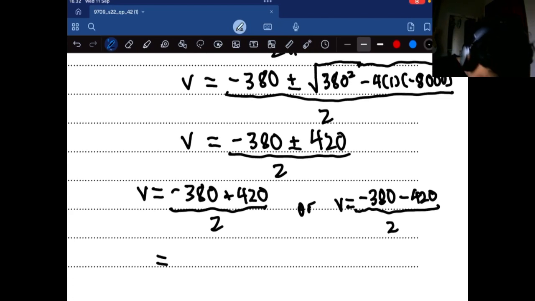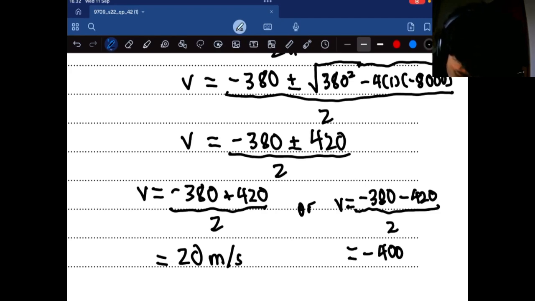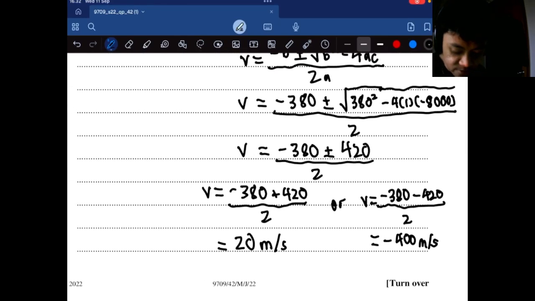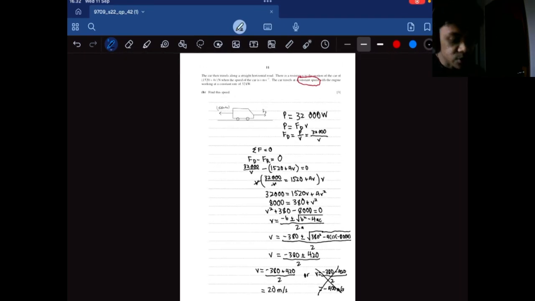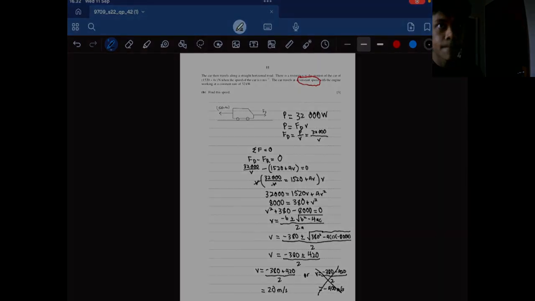So this one we can get equals to 20 meters per second, and this one is equal to negative 400. But the thing is, the final speed cannot be negative, so we can just cancel this. And now we can conclude that the final answer is equal to 20 meters per second. And that concludes question number 6, part B.